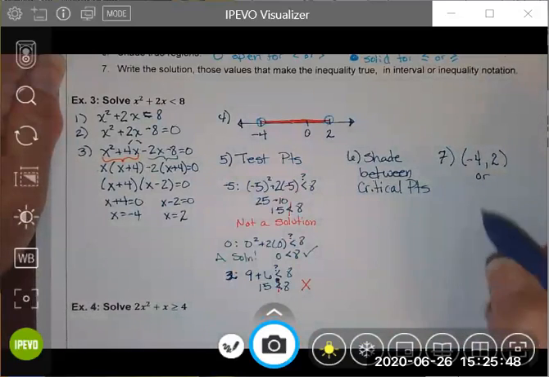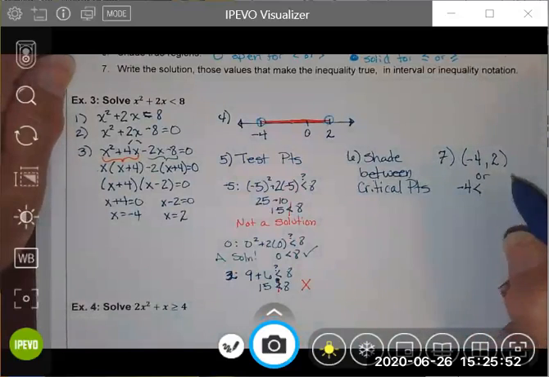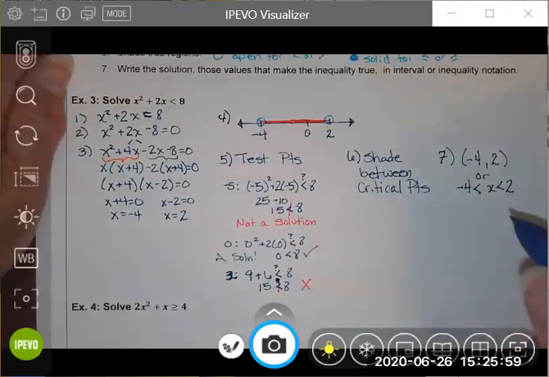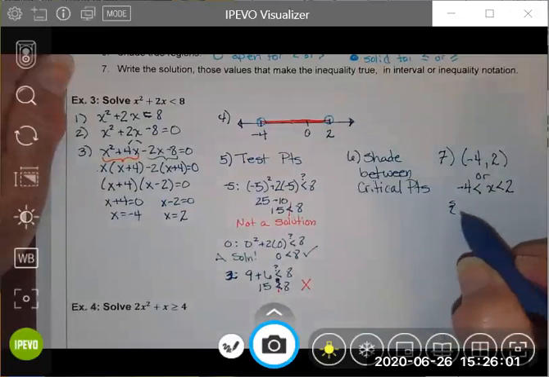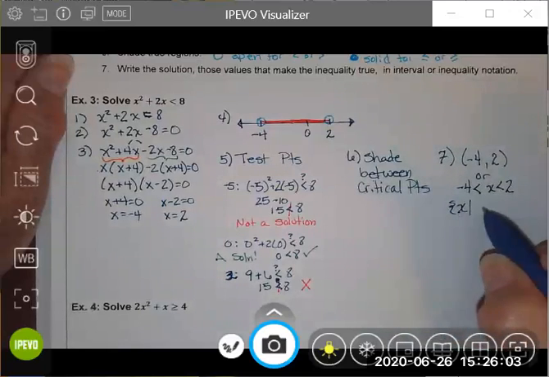I could also represent this as -4 is less than my x values, which are less than 2. And if I wanted to put this in set builder notation, just for grins and giggles, I would say x such that -4 is less than x, which is less than 2.